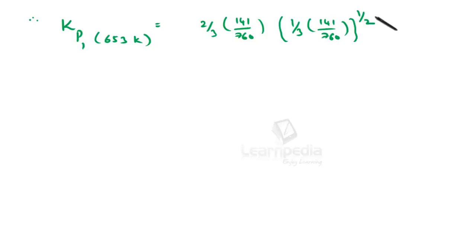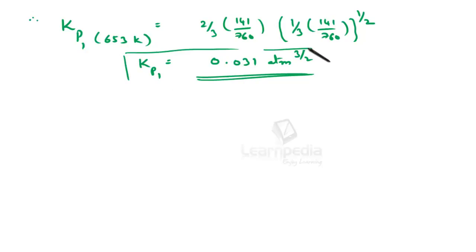So this all comes out to be Kp1. And if we take this 141 by 760 as 0.186 atmospheres and work out, this Kp1 comes out to be 0.031. If you go for the unit, atmospheres to the power of 3/2. So that is Kp1 at the given temperature of 653 Kelvin.